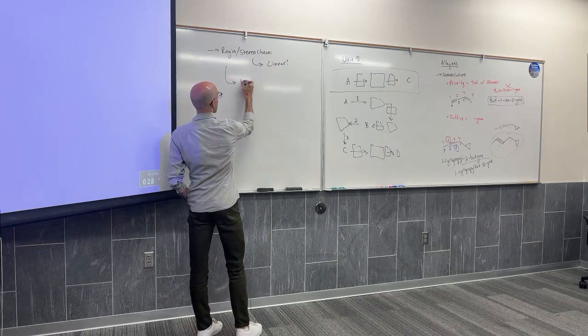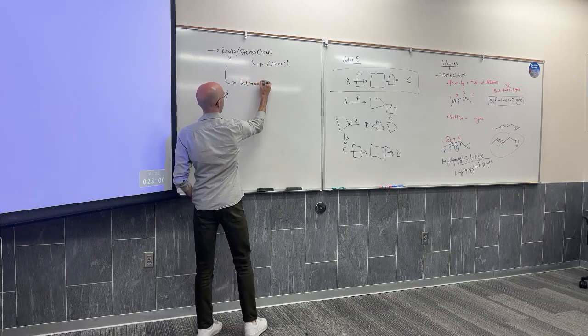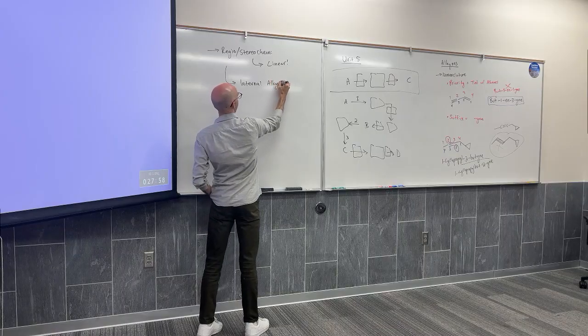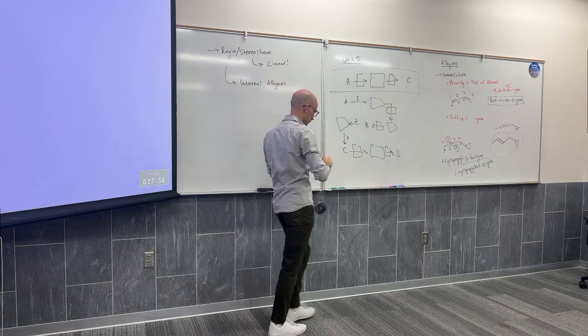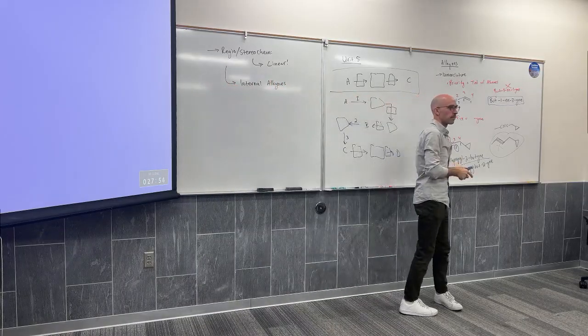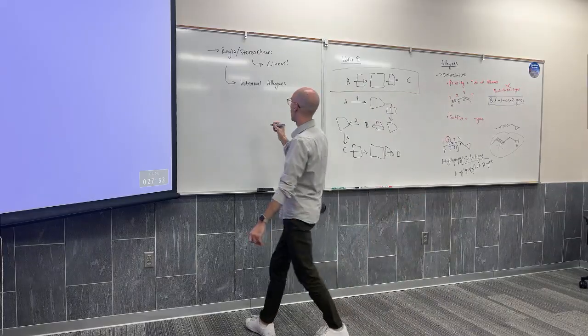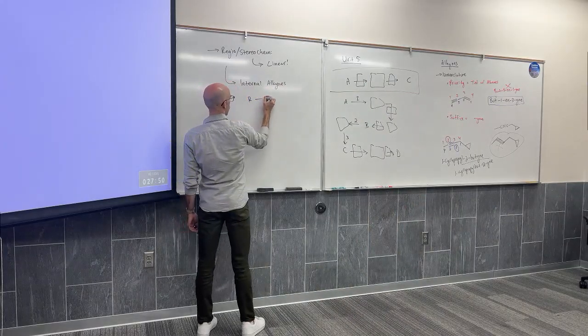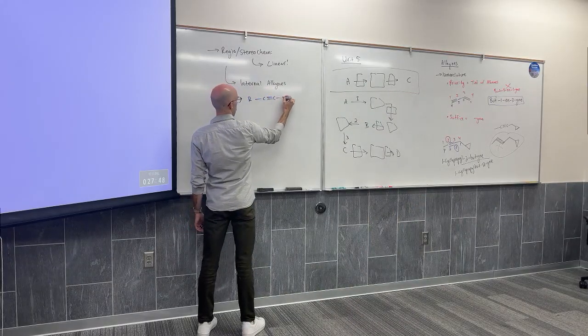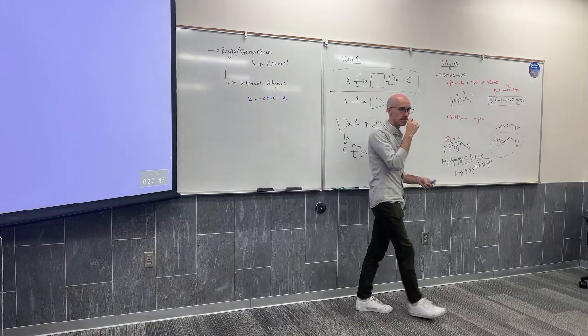We can look at internal alkynes. This is an alkyne that has an R group on either side of it.